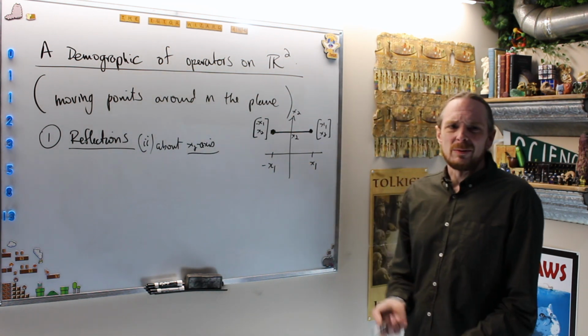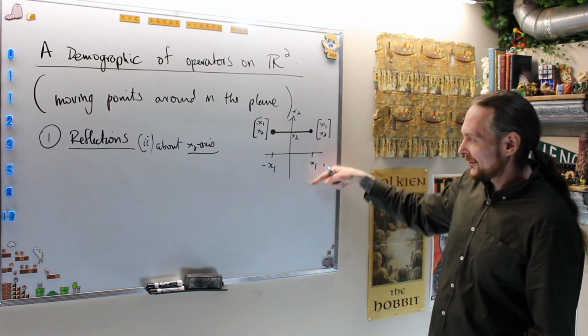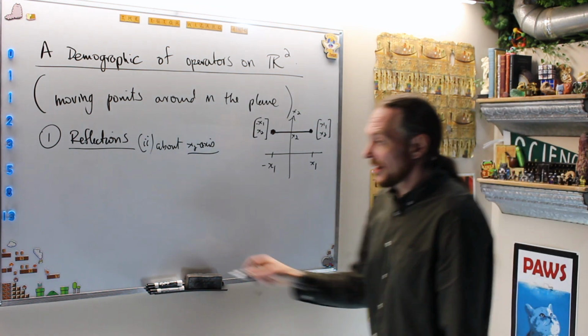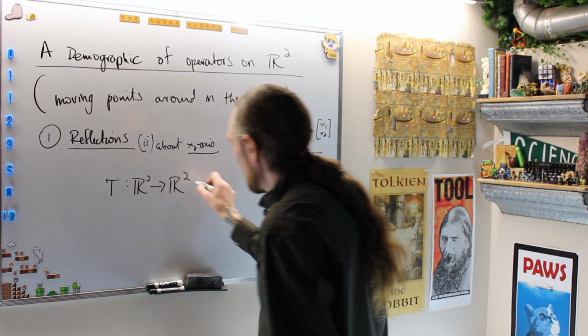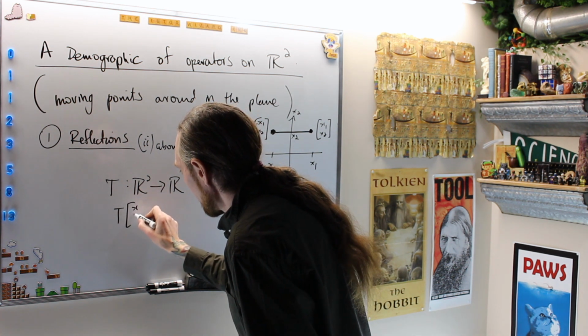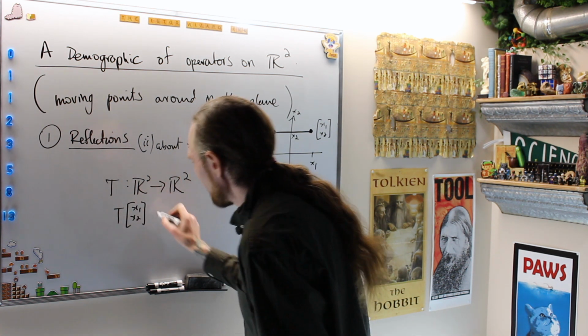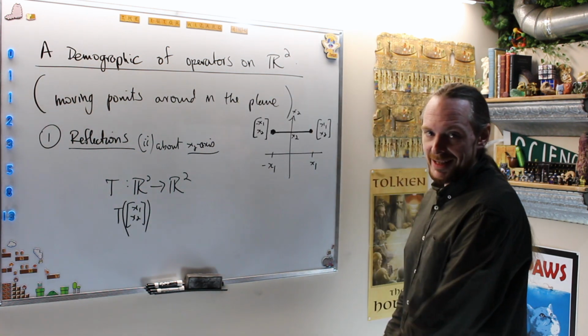And obviously, you would hope that this would look awfully similar to the last one because it was the same process, just using a different axis. What is that going to look like? In this case, T goes from R2 to R2. And algebraically, what do we say? T of x1, x2. Also, you'll see in a lot of books, they're just being lazy. They're not writing the of x because they don't want to write the extra brackets.